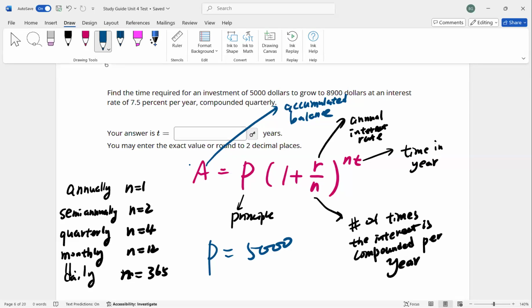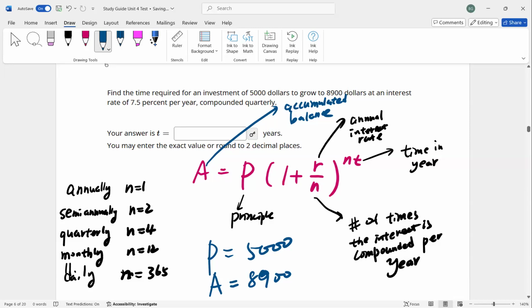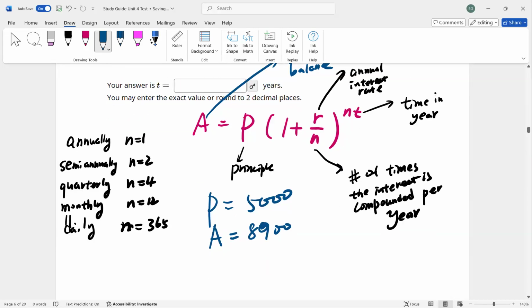You put in $5,000 and want to have $8,900 in the future, because the purpose of depositing your money is to earn interest. So P is 5,000, A is 8,900. Rate r is 7.5%, as a decimal, 0.075.